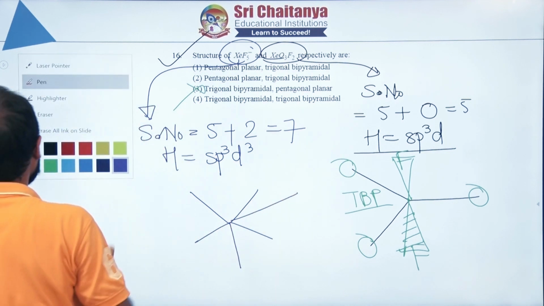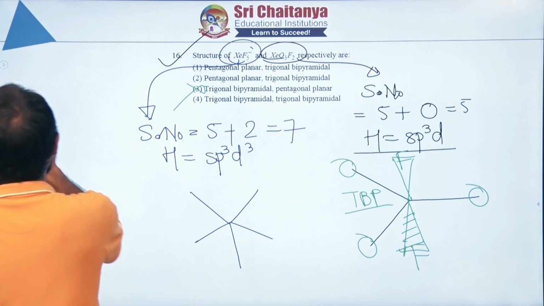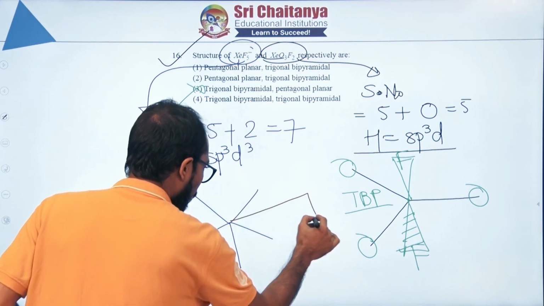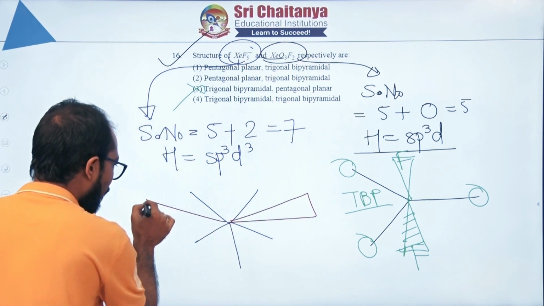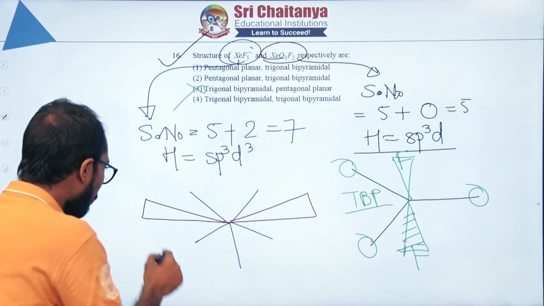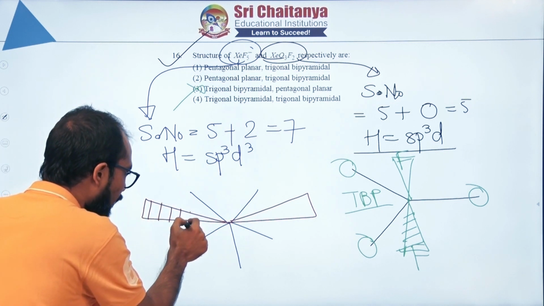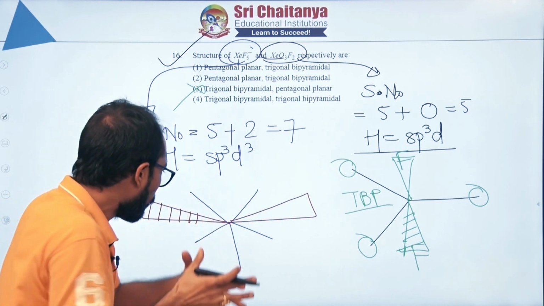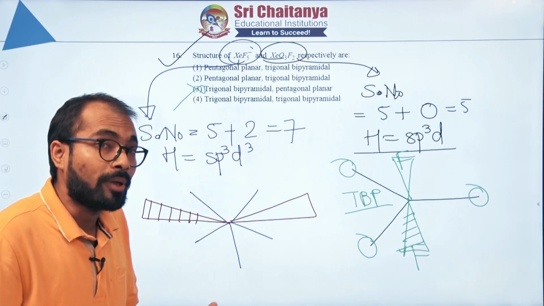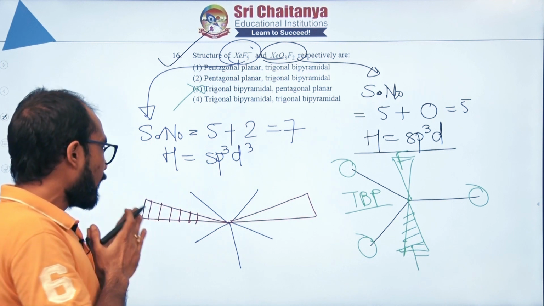Let me show it with a different color. 1 orbital coming out of the plane in a perpendicular way, and 1 orbital going inside the plane in a perpendicular way. That means these red orbitals are placed at an angle of 180 degrees. One is coming out and one is going inside, right? Whereas these 5 purple bonds or orbitals are in the plane of the screen, right?